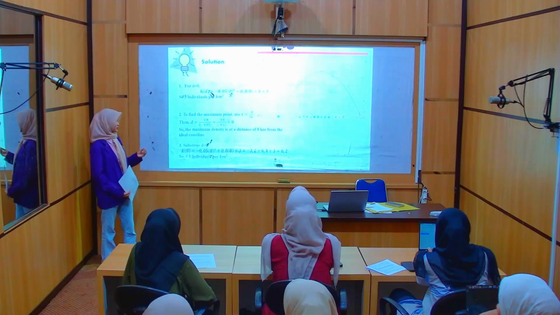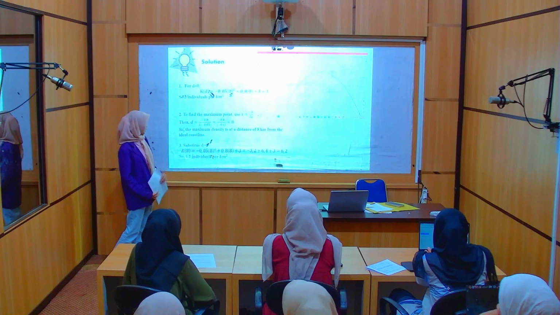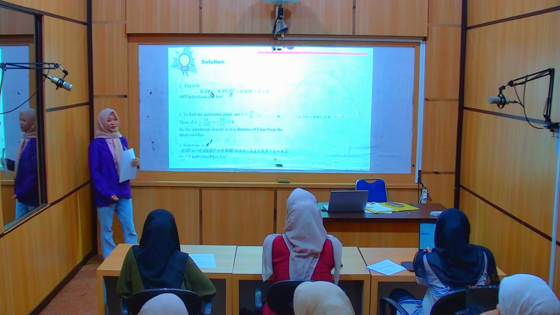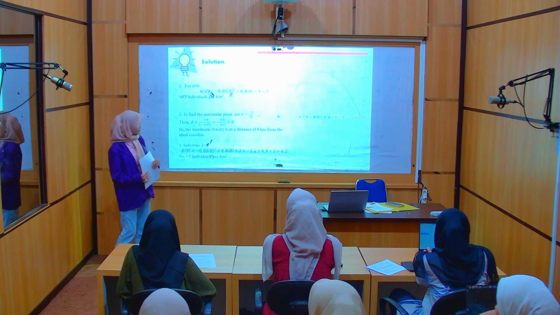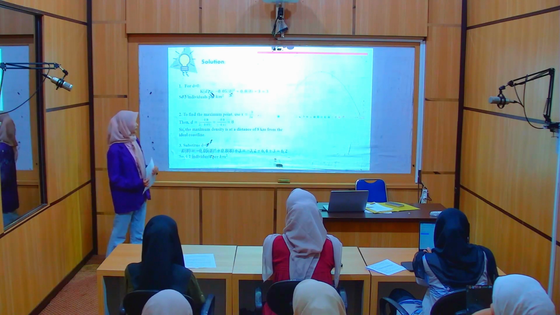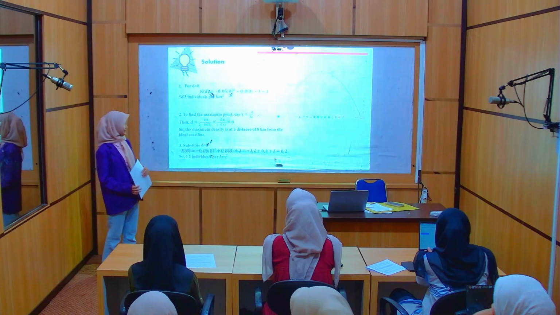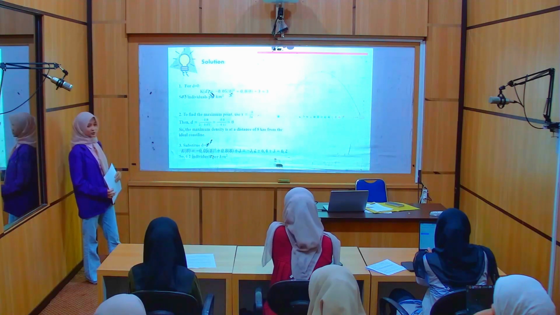And third, substitute d equals 8. k of 8 equals minus 0.05 multiplied by 8 squared plus 0.8 multiplied by 8 plus 3, which is minus 3.2 plus 6.4 plus 3, which is 6.2.